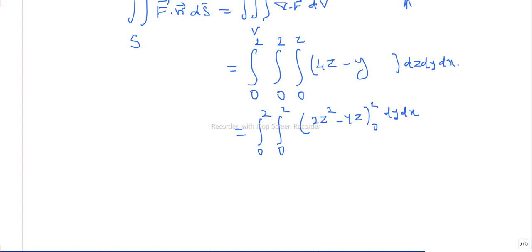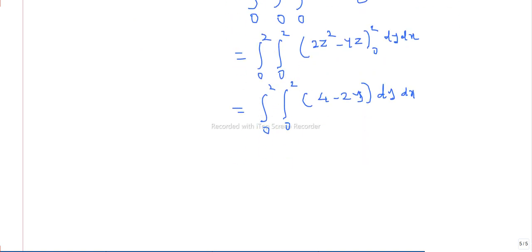Substitute the upper limit, the lower limit is 0, so we get 4 minus y, because we substitute z equal to 2. Now we have to integrate with respect to y.